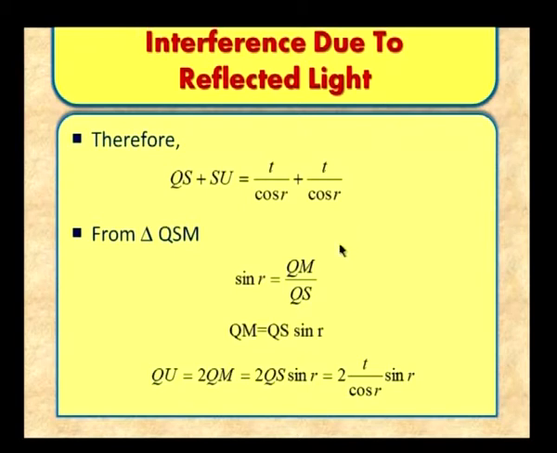Then from the triangle Q S M, sin r will be equal to Q M by Q S. Therefore, Q M will be equal to Q S into sin r. Therefore, your Q U will be 2 Q M, equal to 2 Q S sin r, which is equal to 2 T by cos r into sin r.